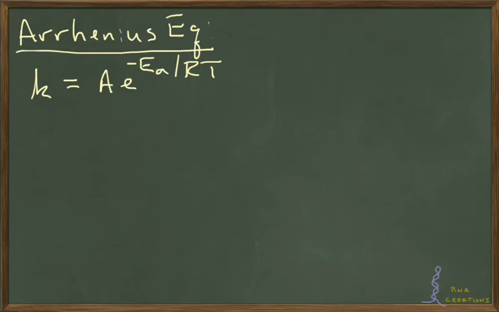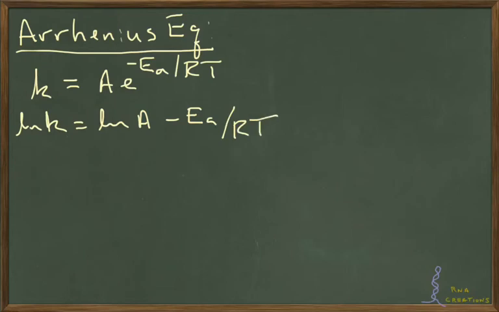And generally what people do is take the natural log. The only thing I want to point out is that as the activation energy gets bigger, the rate constant gets smaller.